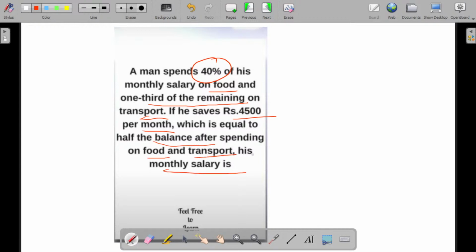So what is his monthly salary? You need to calculate. Okay, do it fast. Please mention in the chat box.